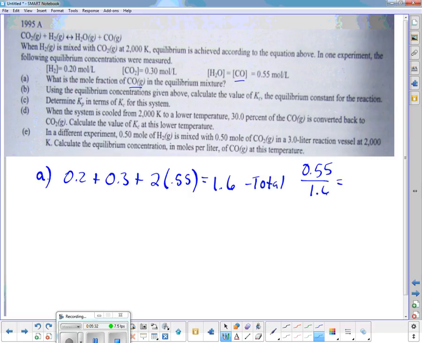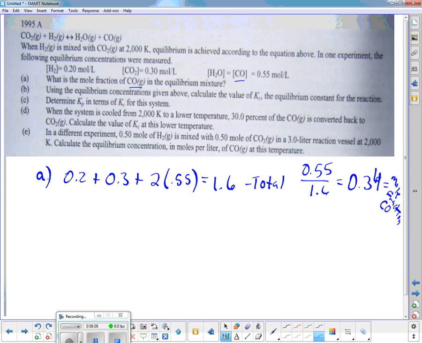Should be close to 0.34. Okay, and that's equal to the mole fraction of CO. It's 34%, but we don't do percent, we just go 0.34. That's a mole fraction.